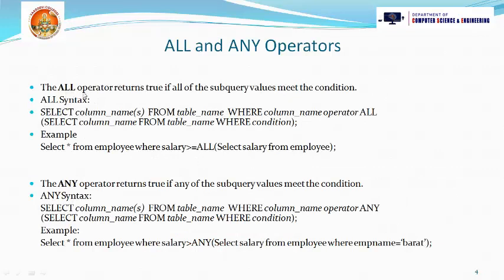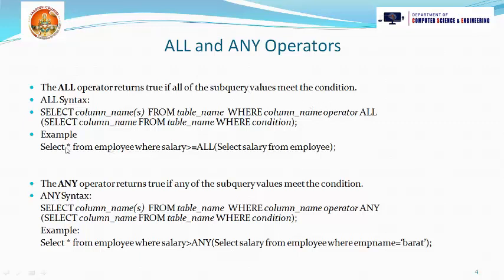The first operator is the all operator, and it returns true if all the subquery values meet the condition. That means we use this all operator to answer queries such as find the employees with highest salary, or find the students with the highest average or percentage, or find the sailors with highest rating.